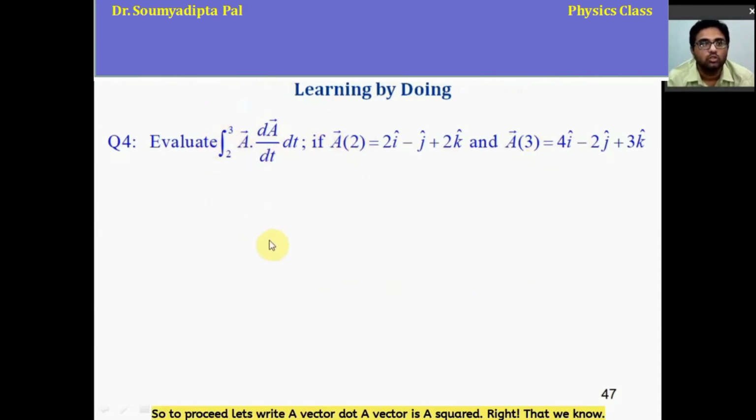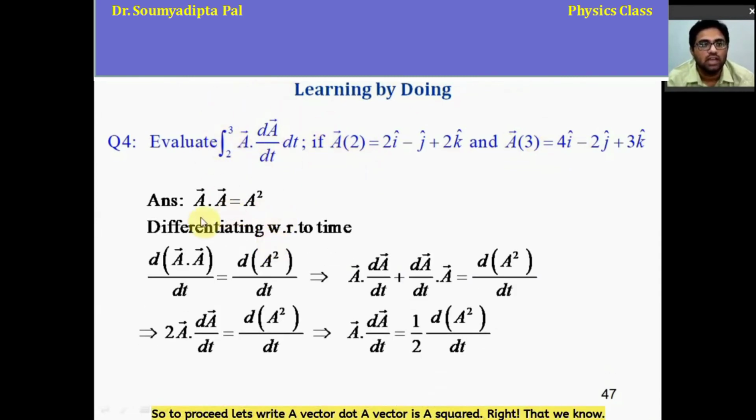So to proceed, a vector dot a vector is a square, that we know. Now if we differentiate it with respect to time, we get a vector dot da vector by dt equal to half d a square by dt.